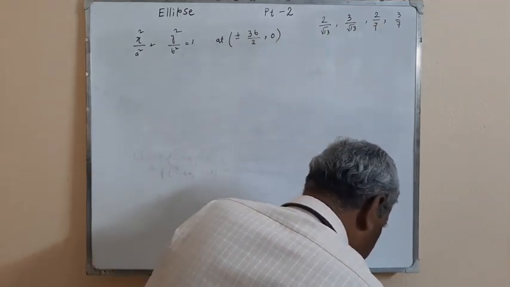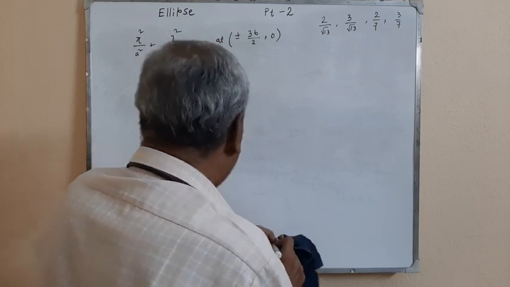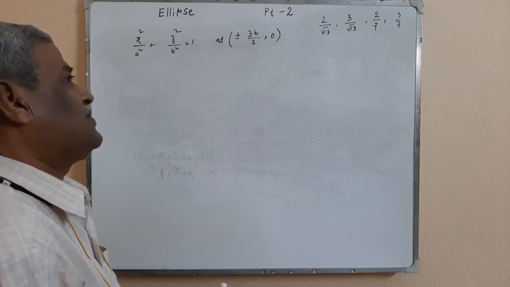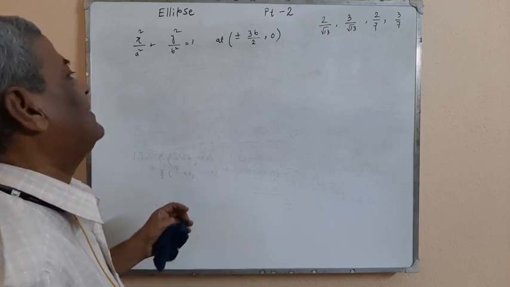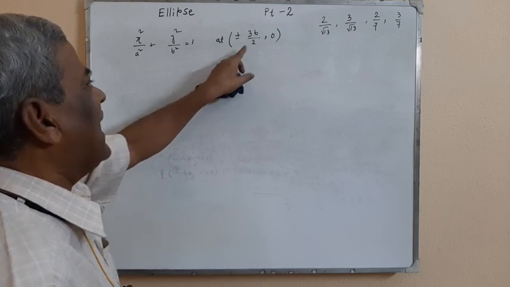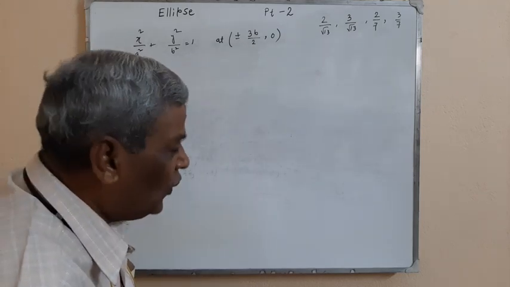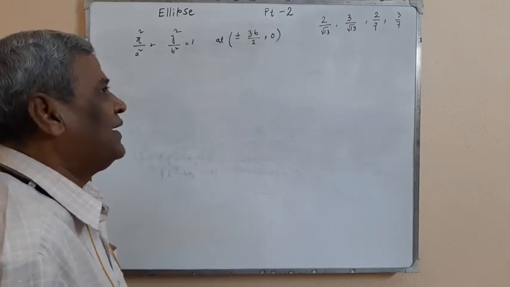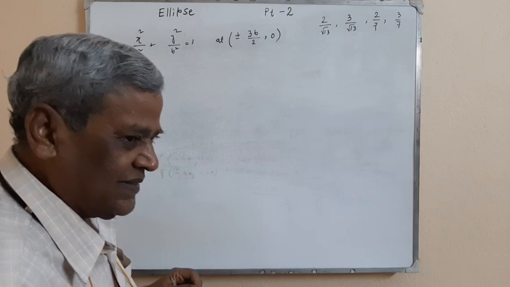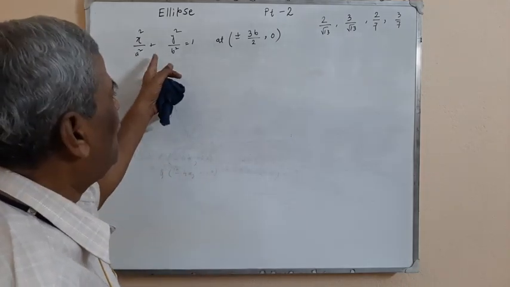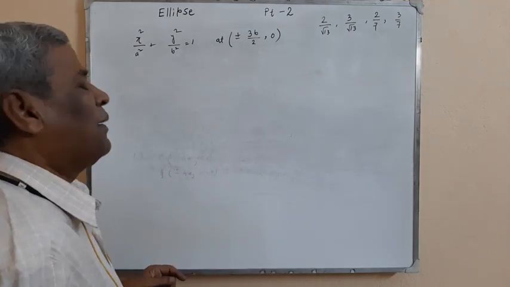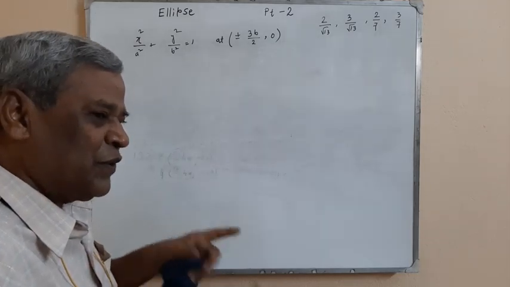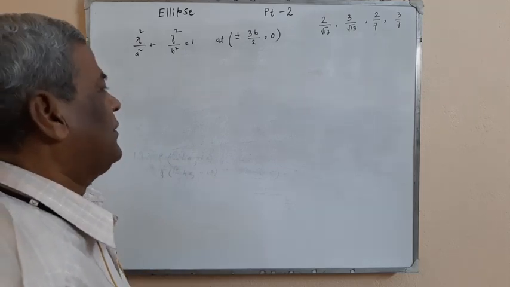These are the options. Okay, so it is a standard form of ellipse, and given that its focus is at that point whose x coordinate is 3b by 2 plus minus and y coordinate is 0, it means it lies on x axis. So for this problem, major axis is x axis, because on major axis focus is there.